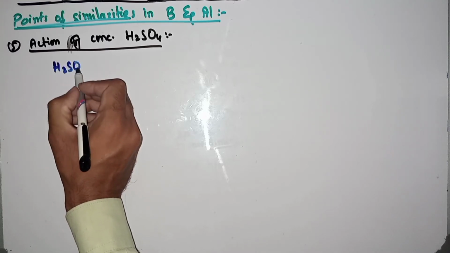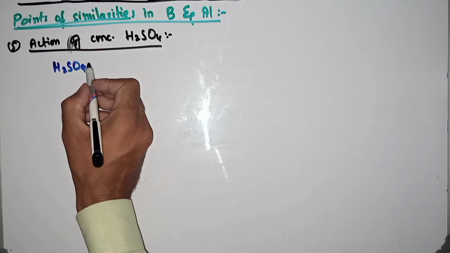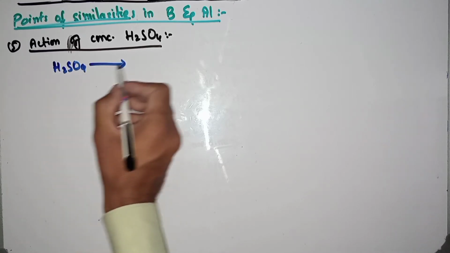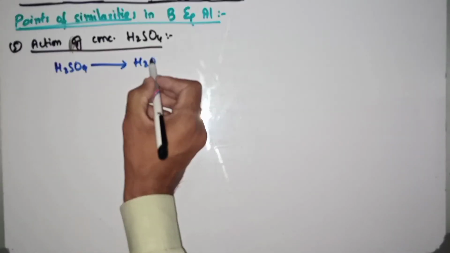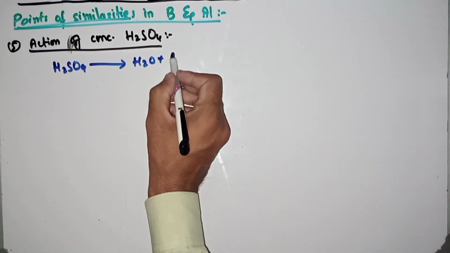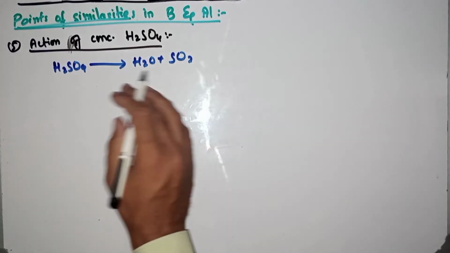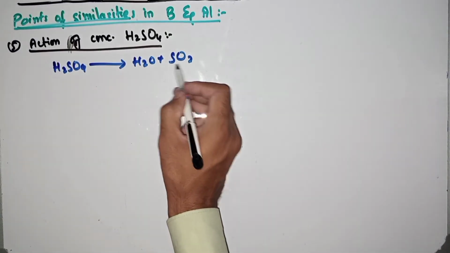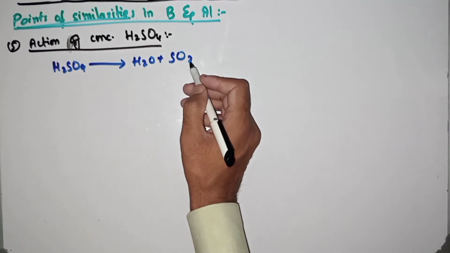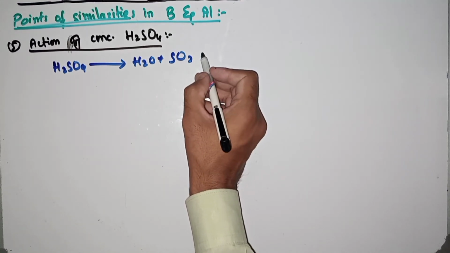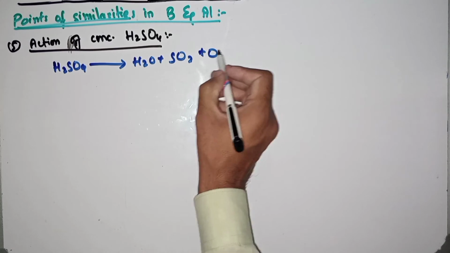For example, H2SO4 in aqueous solution can be converted into H2O plus SO2. In both cases, sulfur dioxide will be evolved, plus oxygen.